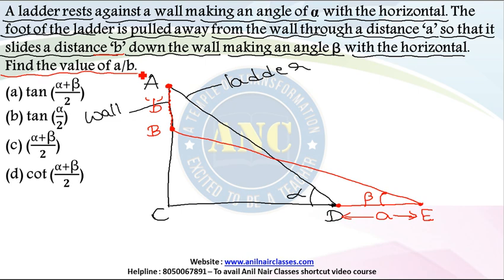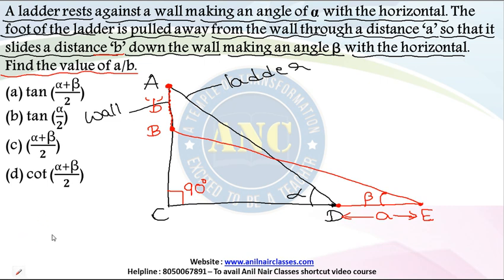Now, first of all, in this question, I cannot use my standard values as 30, 60, 90 because it is nowhere mentioned in the question as 30 degree, 60 degree or 45 degree. Only one angle I can make use as 90 degrees. Other angles are unknown angles in the question. So, I need to take those trigonometric functions into account, and then only I can solve this question. I hope you are able to understand.